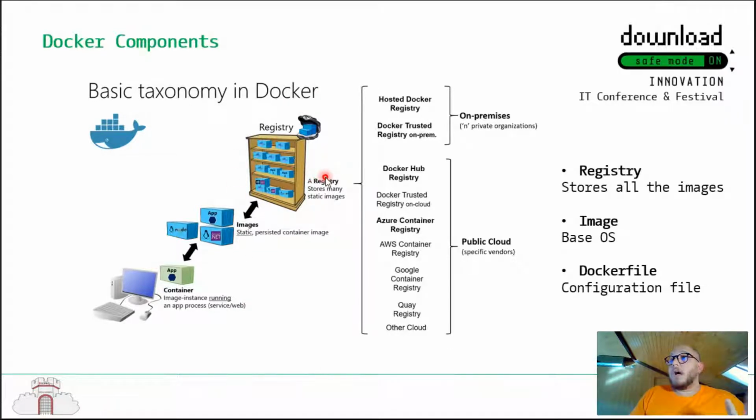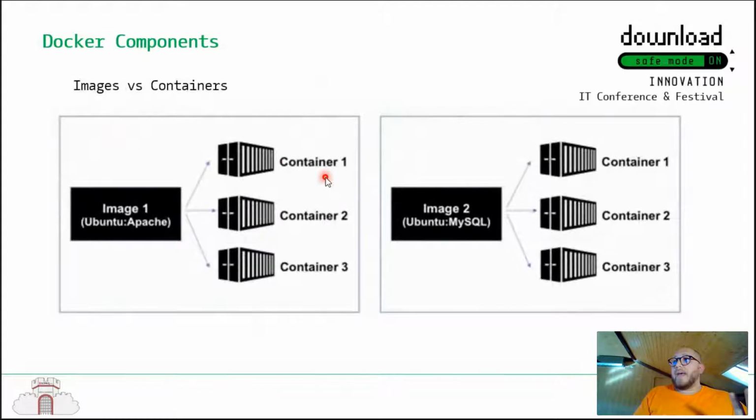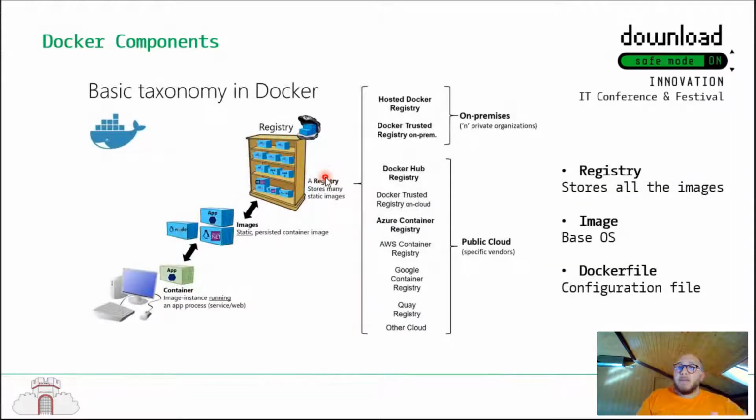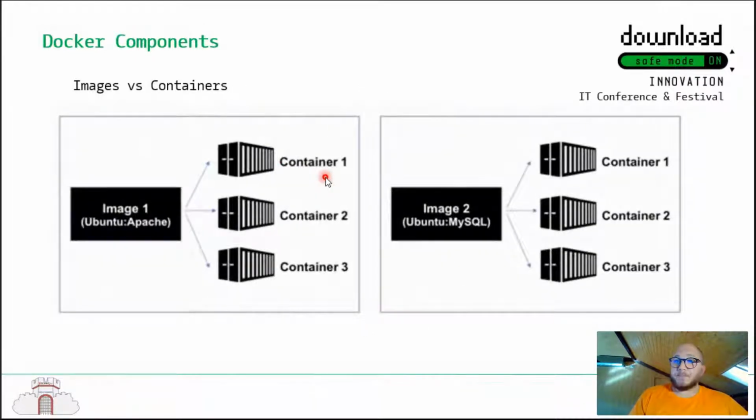So until now, we know that containers have images, have a Dockerfile, have a registry. There's a workflow where you can upload and download images from the Docker Hub website, but you can have your own registry with your own images. So until then, we're doing great. Now, we need to point out one thing. As I said before, you have an image, and from that image, you can create a different set of containers.